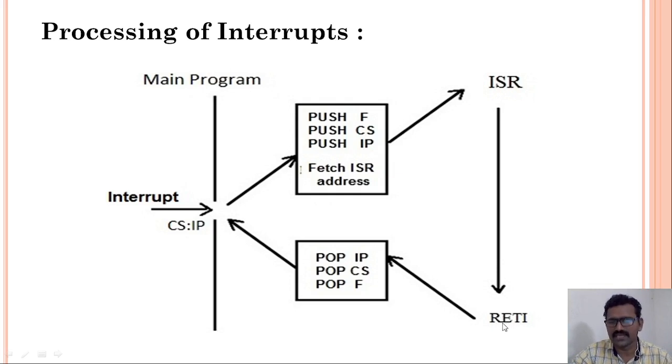At the end of the ISR, we use the instruction RETI. This instruction transfers the program control from the interrupt service routine back to the main program where it was interrupted.